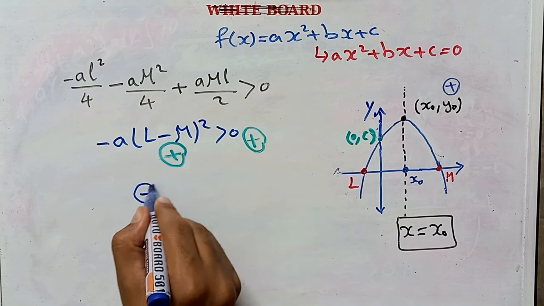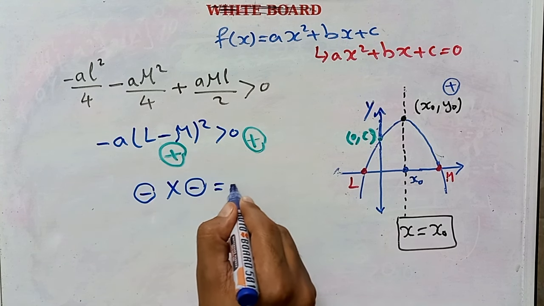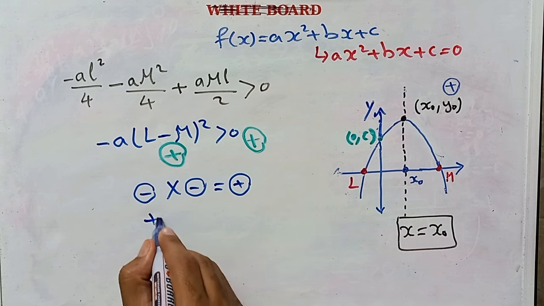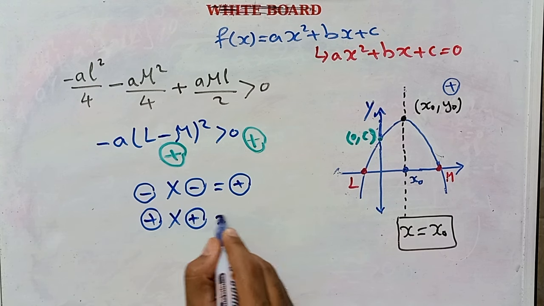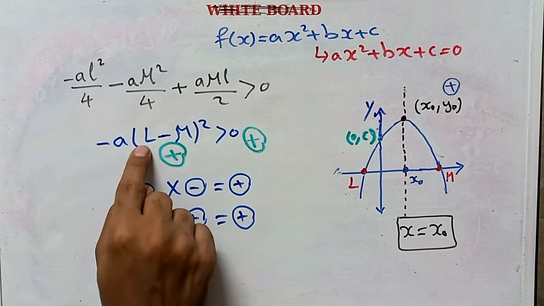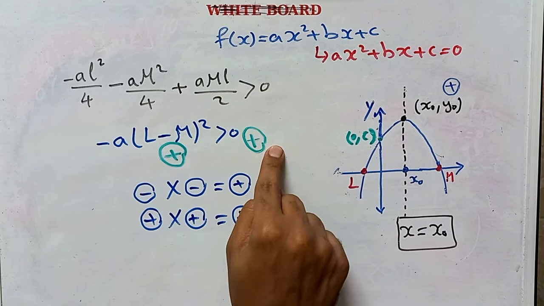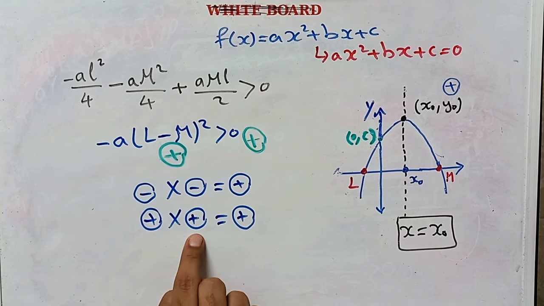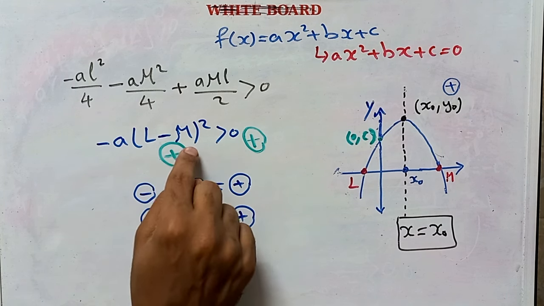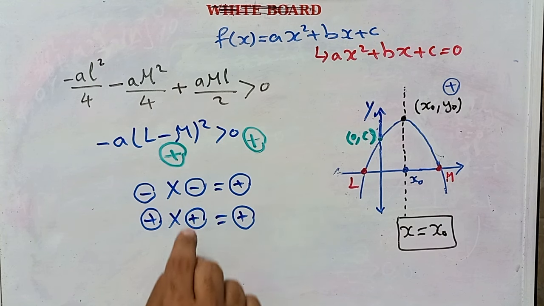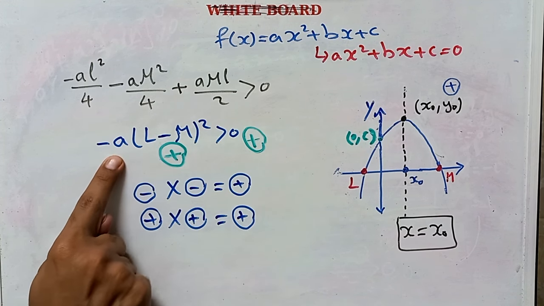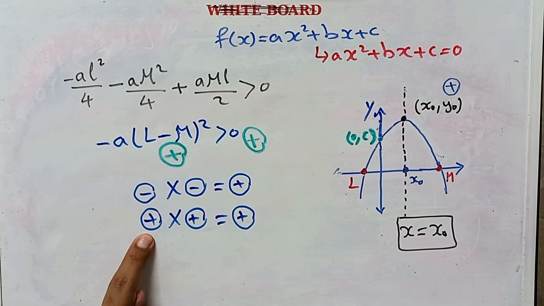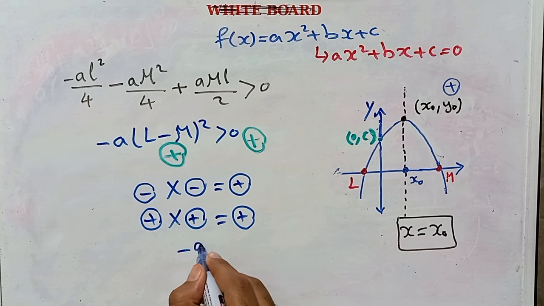So we have negative times negative equals positive, or positive times positive equals positive. Because the product of the two quantities is positive, it must be negative times negative or positive times positive. Here the square bracket is positive, then negative A must also be a positive number. So negative A is a positive number bigger than 0.